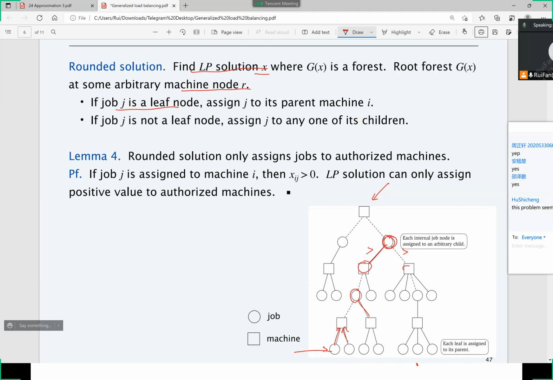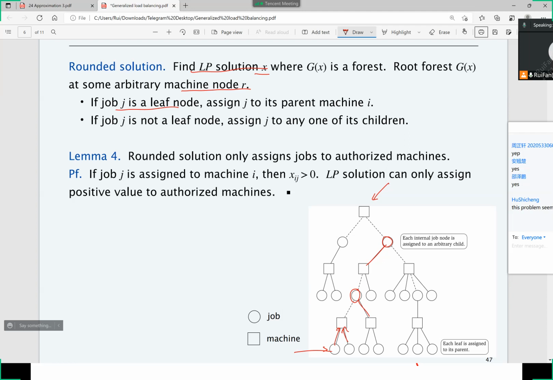But we don't want that. We want each job to be processed on a single machine, so we have to make a choice to assign this job to one of its machines, and here we just make an arbitrary choice. Once we do this, we have a valid assignment for the problem.